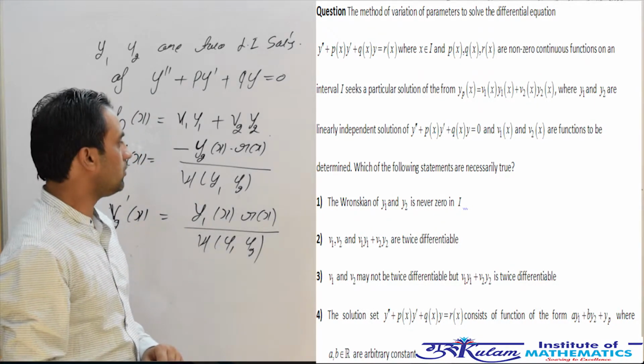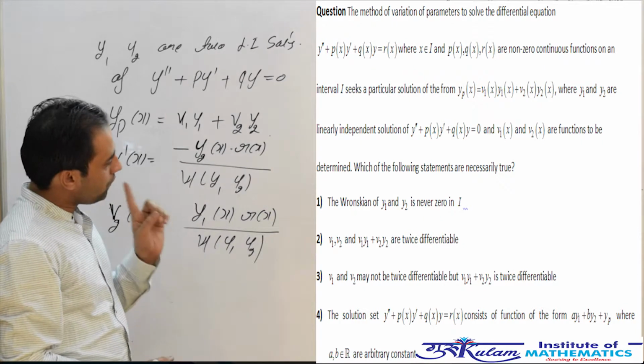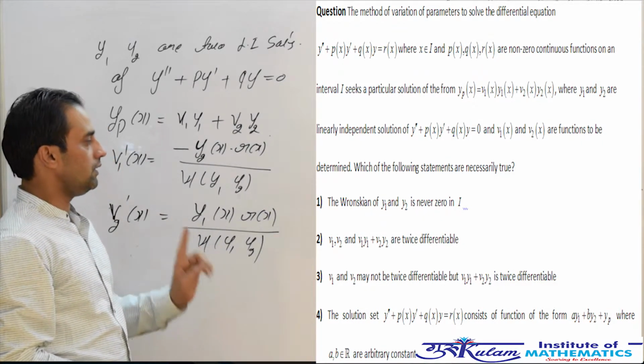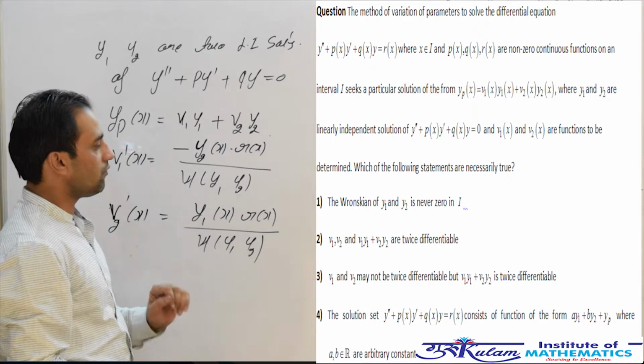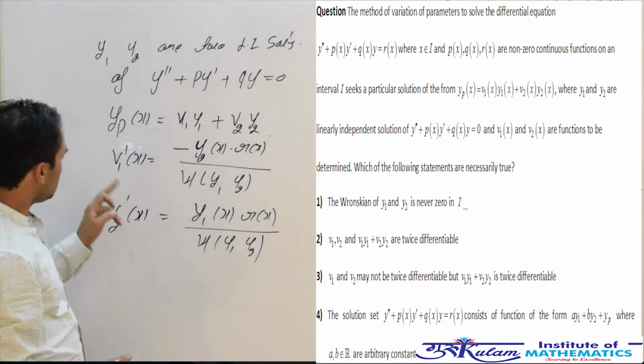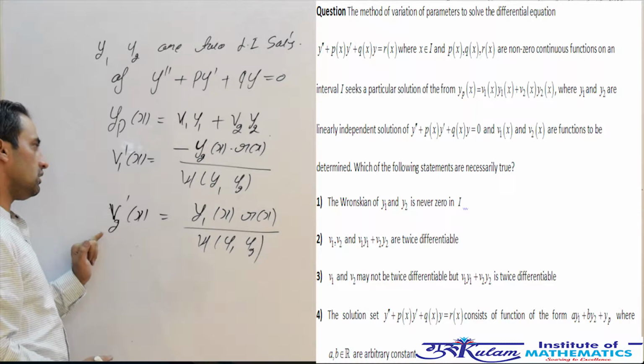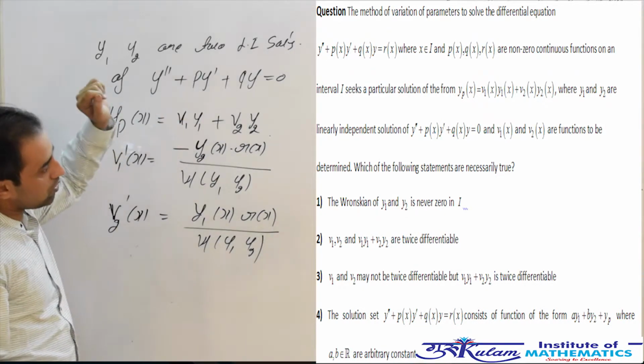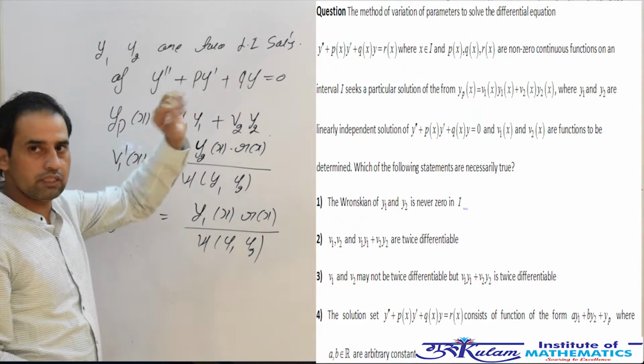Now come to the second option: v1 and v2, and v1 y1 + v2 y2, are twice differentiable. Since v1' is given by this and v2' is given by this, and y2 is a solution of the second order homogeneous differential equation, which is twice differentiable.